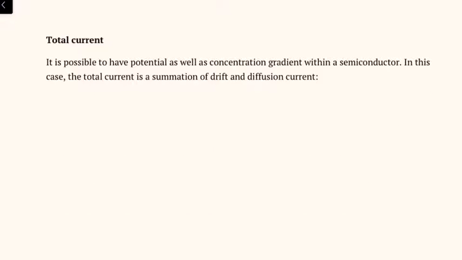So the total current because of holes is given by Jp equal to drift current plus diffusion current. The drift current is given as q μp p E, and the diffusion current is calculated in equation 1.